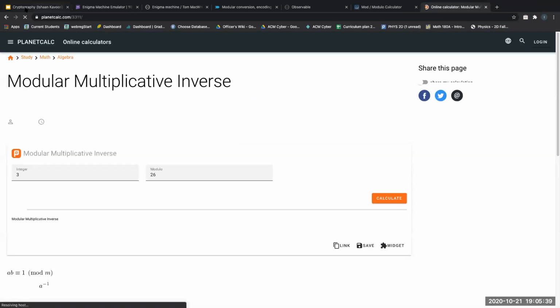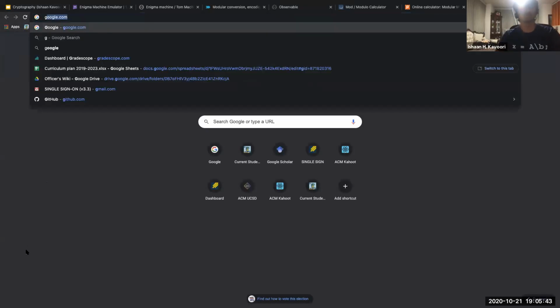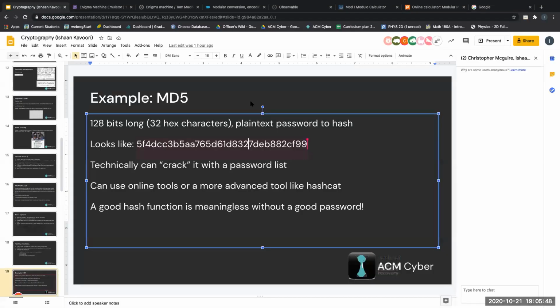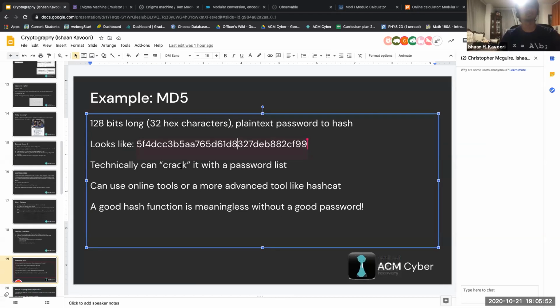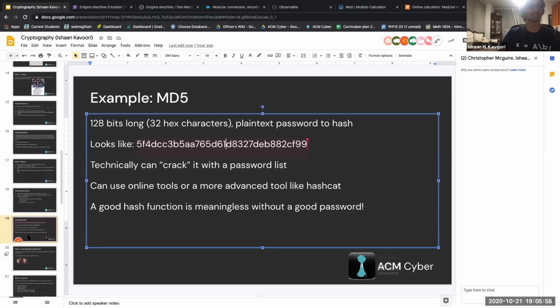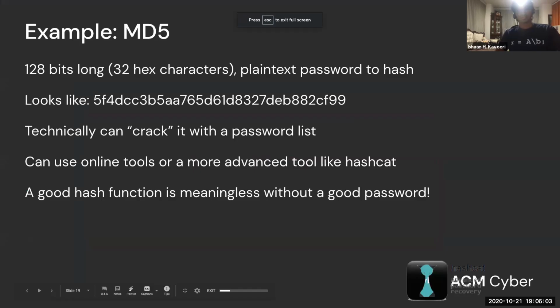You can use Crack Station. There's a link in chat. Actually, I'm going to move on. I don't remember what I used for that, but I'm sure it was something simple like password. Okay, so let's get back to this. Basically, if you have a bad password, a hashing function is not going to save you.